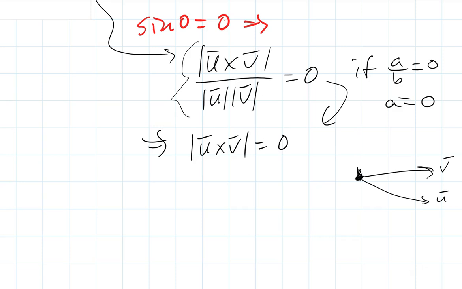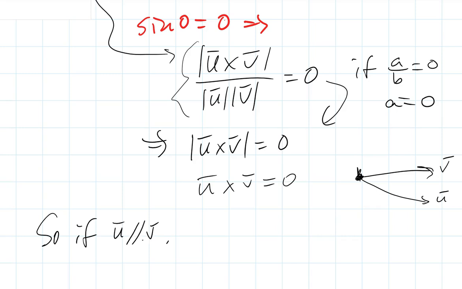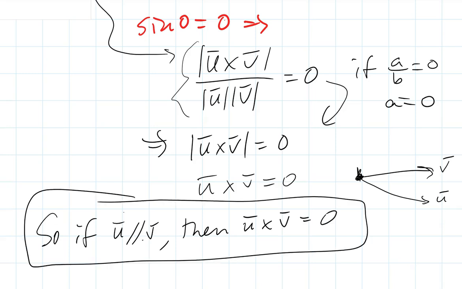And since that's 0, that means u cross v must be 0. And that would mean then that if u is parallel to v, then u cross v is equal to 0. That's what we proved. Now it is an if and only if statement. You can go each way.